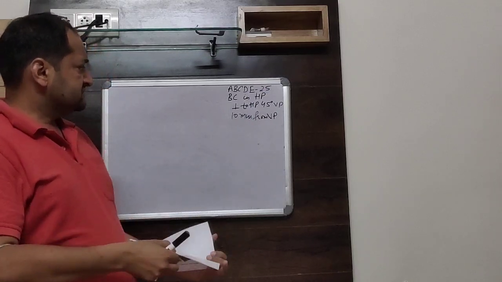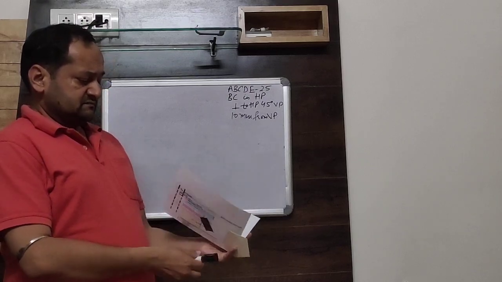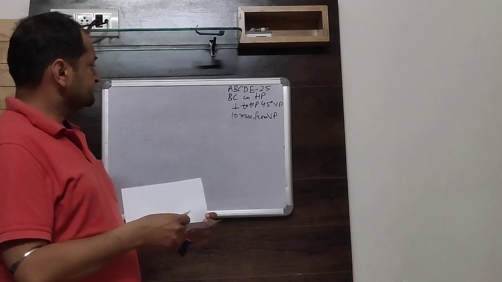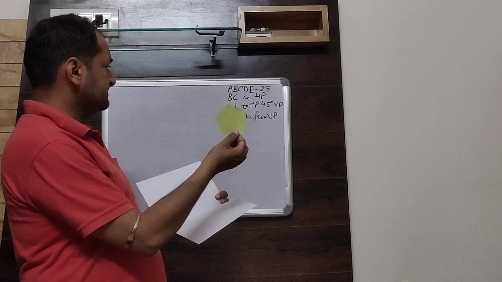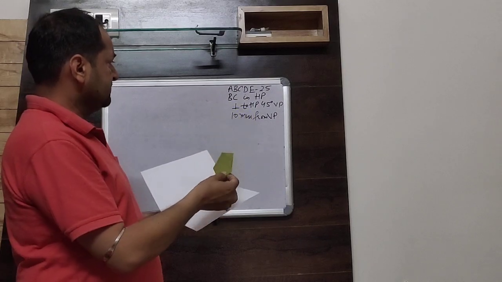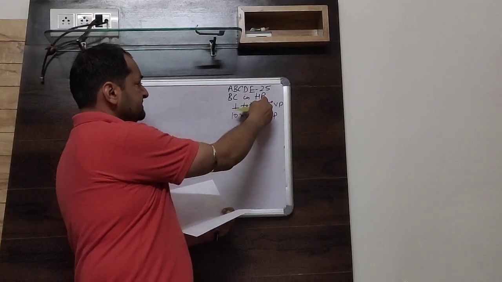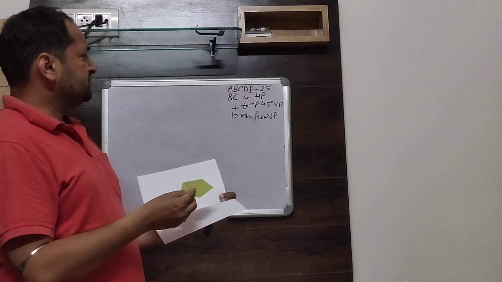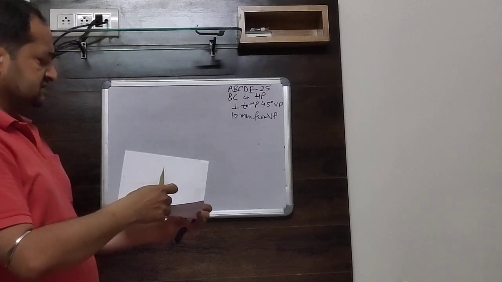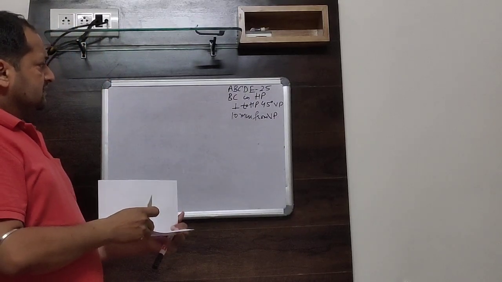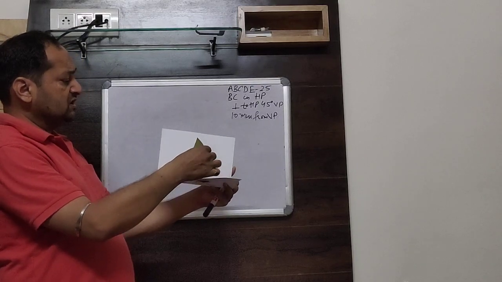So for your convenience, for understanding and imagination, I have taken this pentagon ABCDE, such that according to the question its side is 25 mm and side BC is in HP, and the plane of the pentagon is perpendicular to the HP.